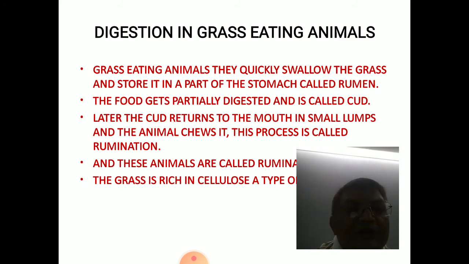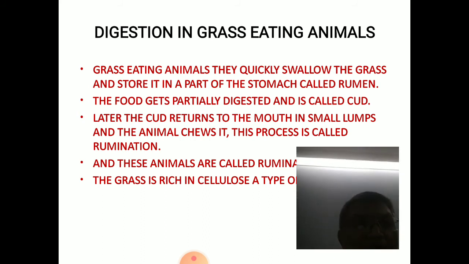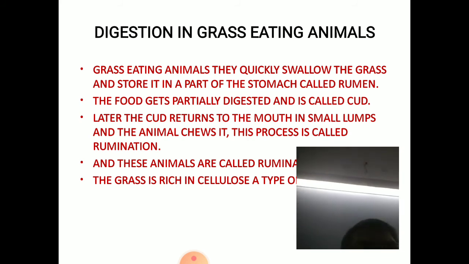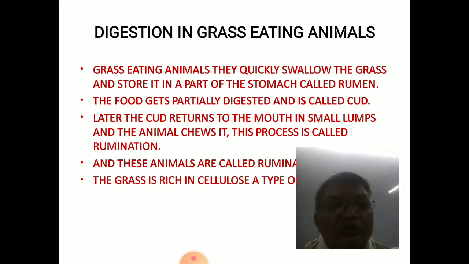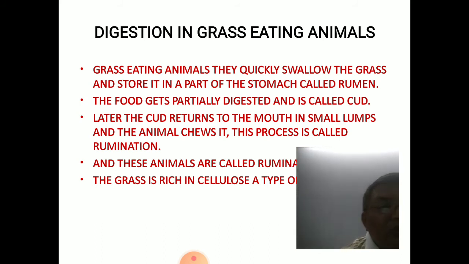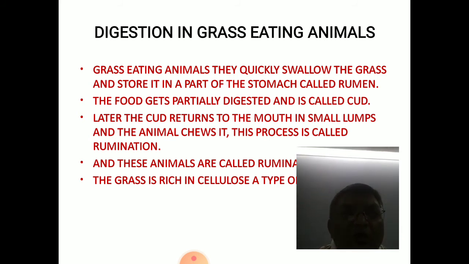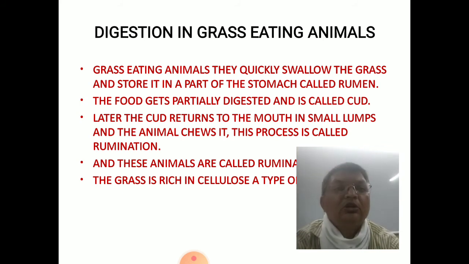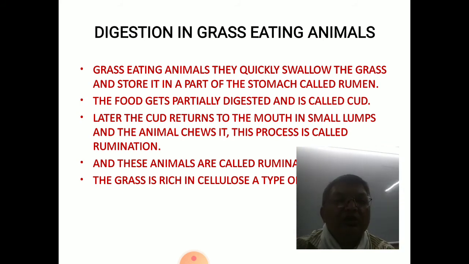Now, there is a process of digestion in grass eating animals, like cow, buffalo, goat, and all. Animals that eat grass quickly swallow the grass and store it in a part of their stomach, and that we call rumen.